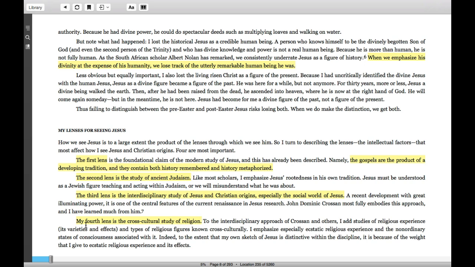Just because I am an educated white American does not mean that I have the clearest, the best picture of Jesus. I need to go study about not only Jesus, but other religious figures in other parts of the world.